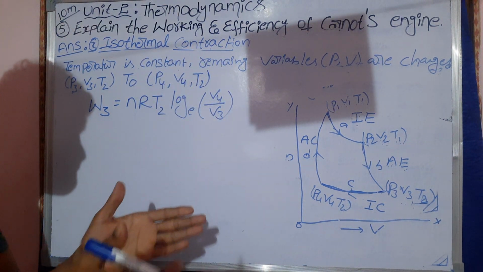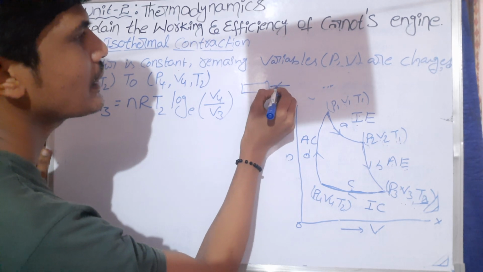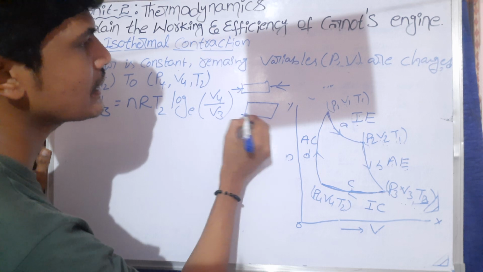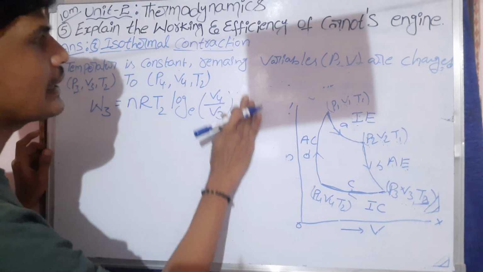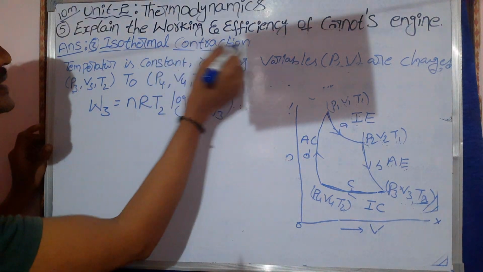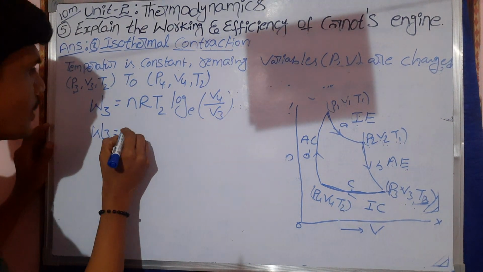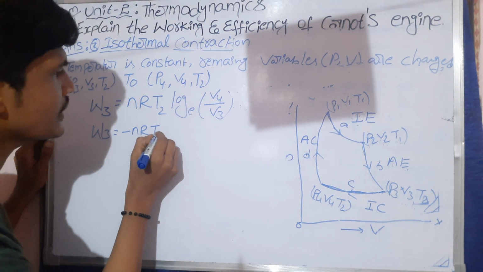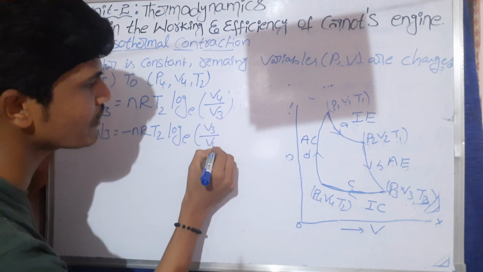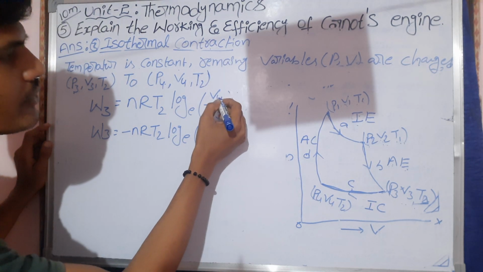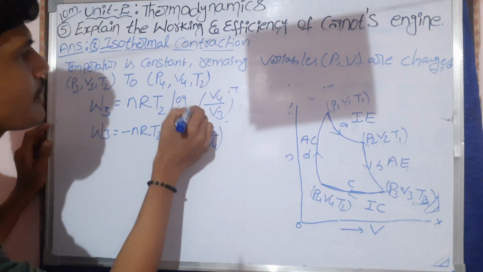The negative sign indicates compression. So W3 equals minus nRT2 log base e of V3 by V4, since inverting the ratio means minus log.